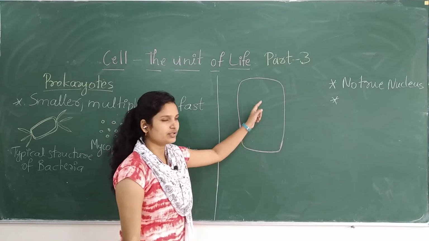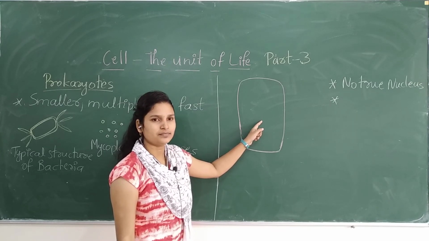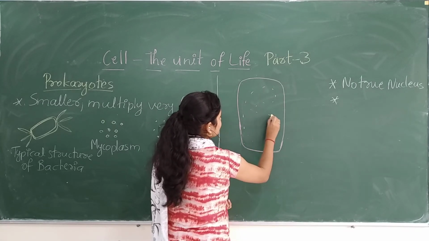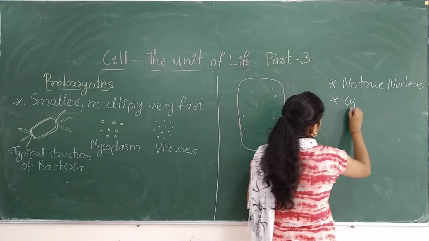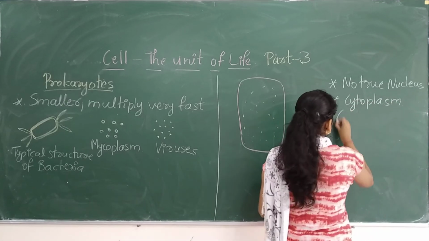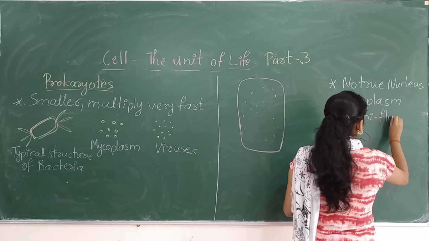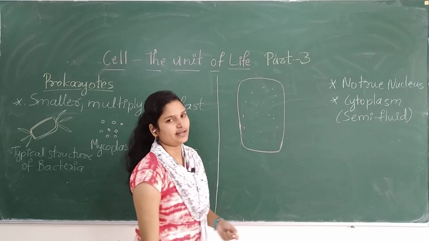Yesterday I told you about this in the last session. Very good. The cytoplasm will be present all over the cell, a semi-fluid structure which is located all over the cell.